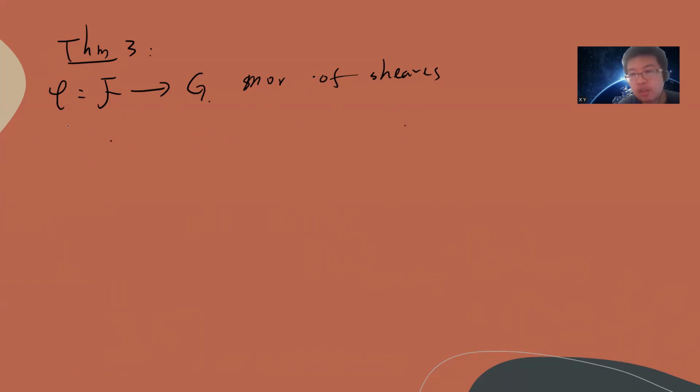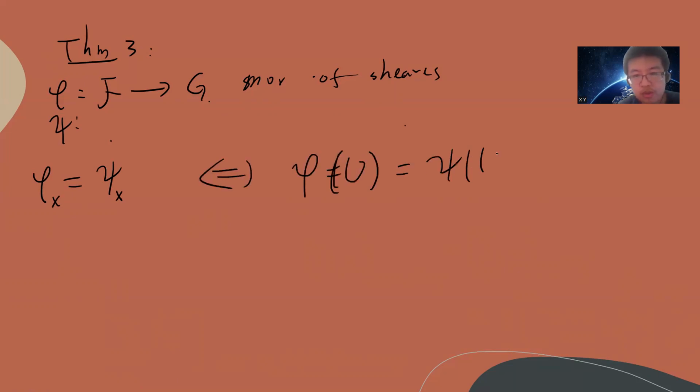So the theorem should be as follows. If I have phi from F to G and another morphism psi from F to G, and these are sheaf morphisms, then if phi equals psi on each stalk at x, then phi of U equals psi of U for any open set U. This is the theorem you will commonly use in algebra.